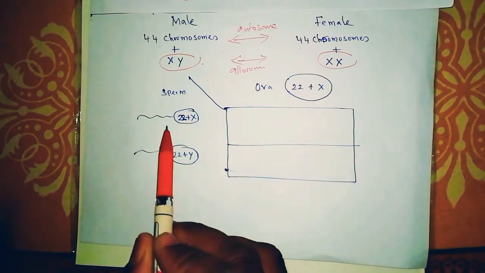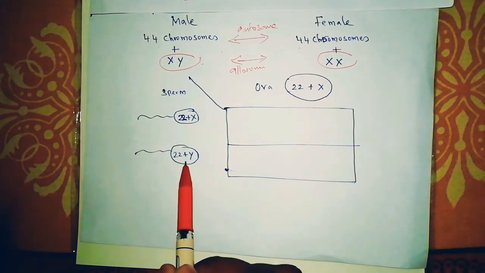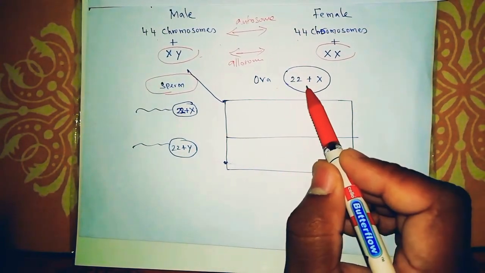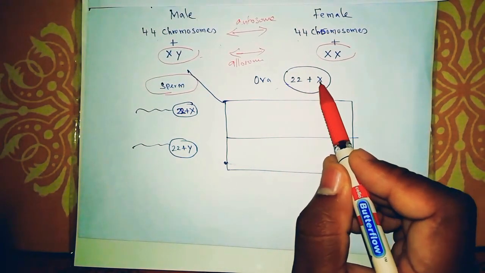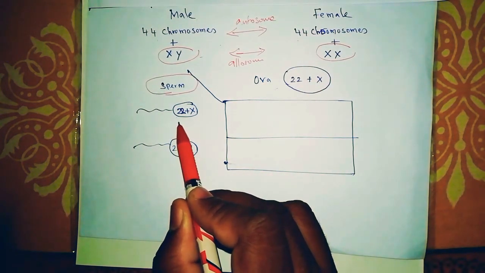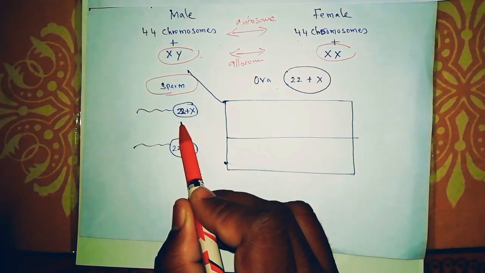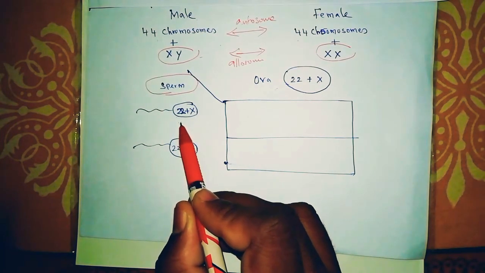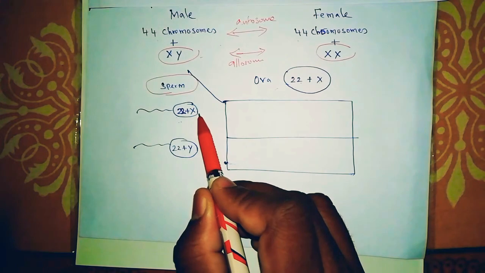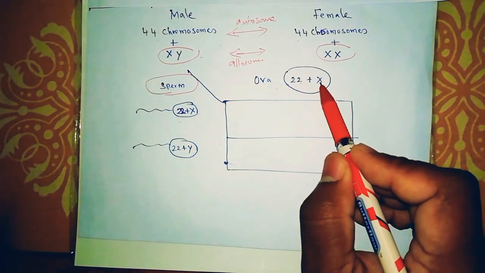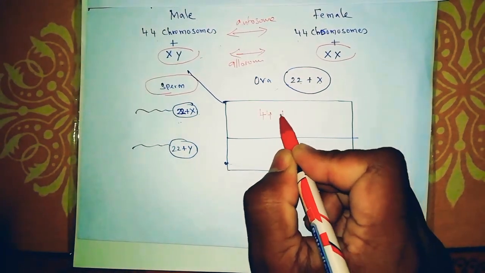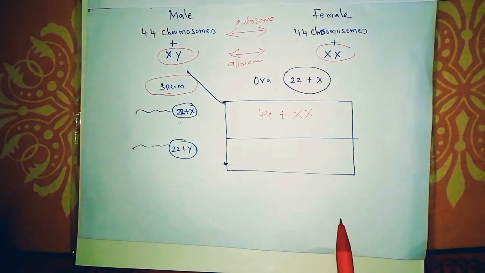Take an example. These are the two gametes produced by the male. It comes in the sperm, and the female has only ova, and they consist only of X. Suppose 22 chromosomes from the male fuse with 22 chromosomes of the female, with the X gamete of male fusing with the X gamete of female, then it produces 44 plus XX, right?